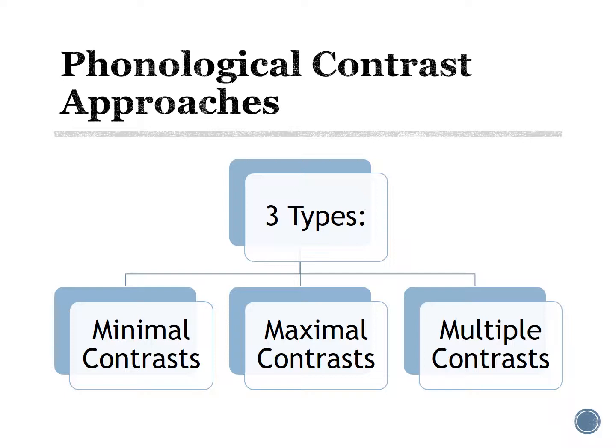Now, who remembers what a minimal pair is? Anyone? Well, it is a set of words that differ by only one phoneme. Now, the kinds and the numbers of contrasts selected for intervention is what makes the difference between these three approaches, and these differences will now be discussed.